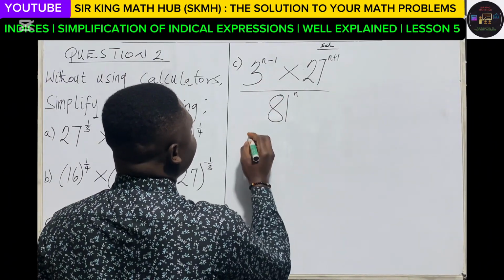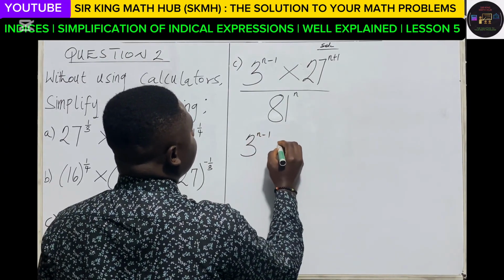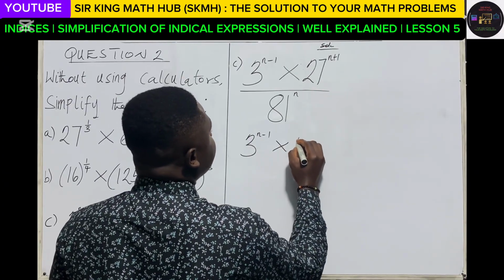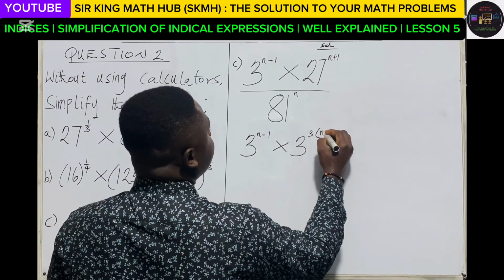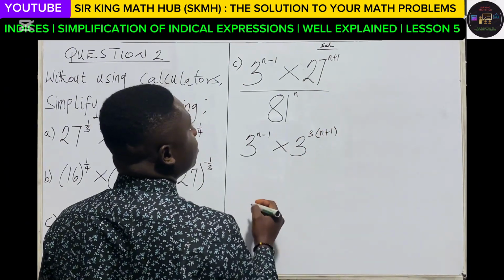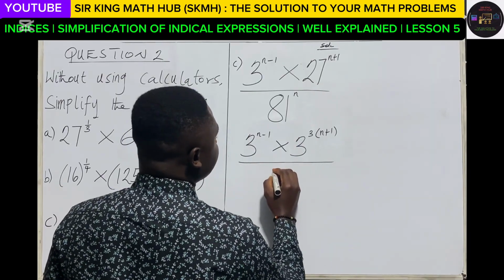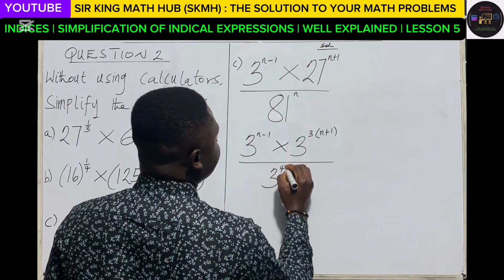We already have our 3. Then 27 will be written as 3 exponent 3, and this will multiply n plus 1. And for the denominator, 81 will be written as 3 exponent 4, then multiplying n.